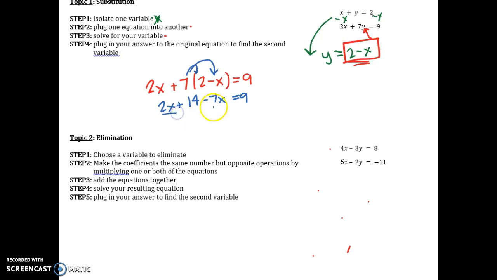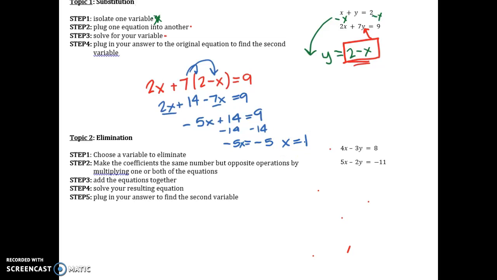Now I'll combine my like terms. And I will subtract 14 from both sides. So we have negative 5x equals negative 5. And that means x equals 1.